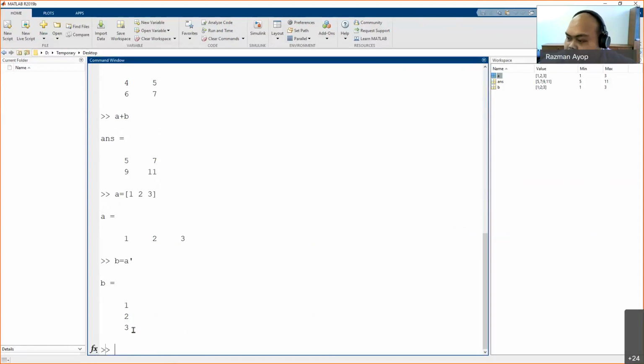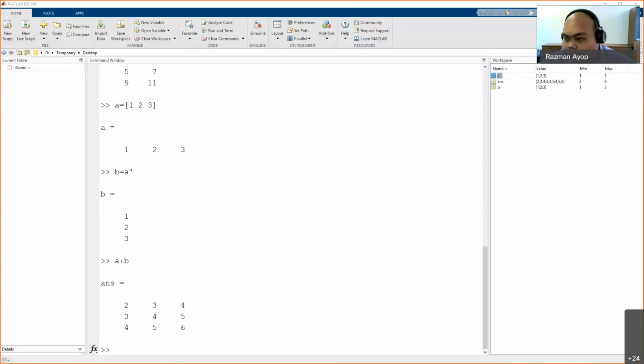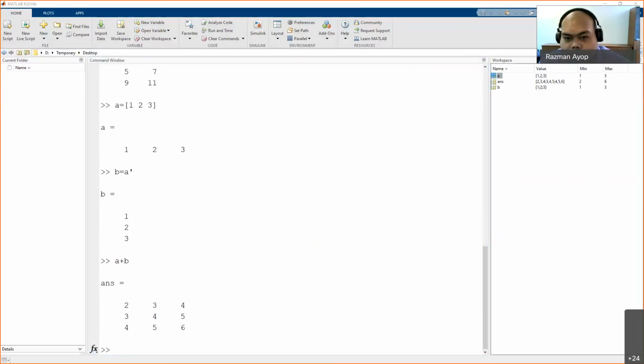This one you cannot add together, because remember in the law of matrix, you cannot sum matrices that are not compatible. Let me show you A plus B. Okay, wait, this should not happen. Let me check first.